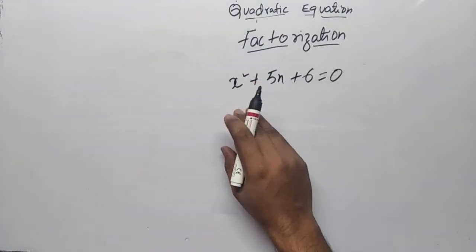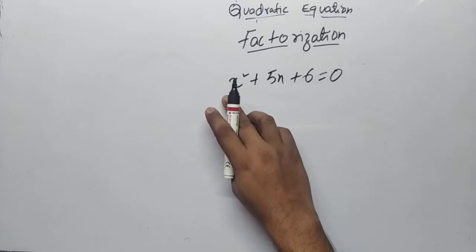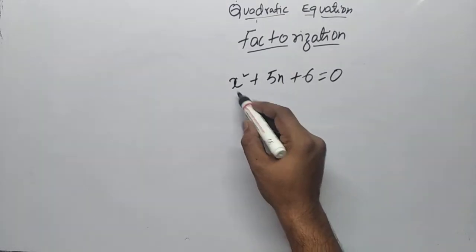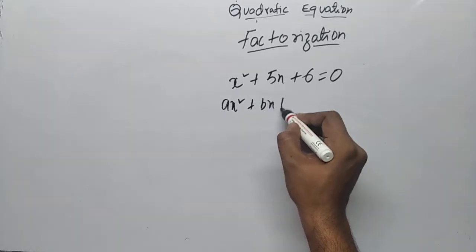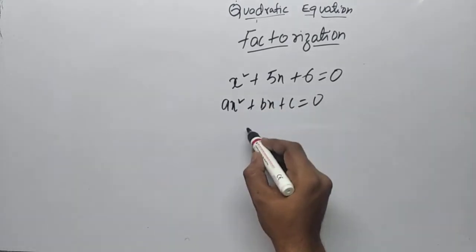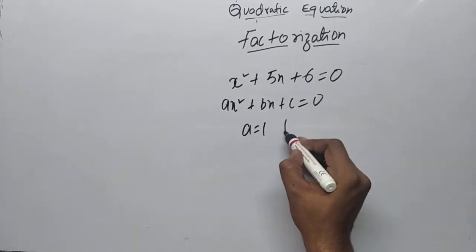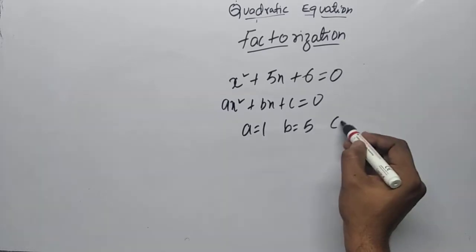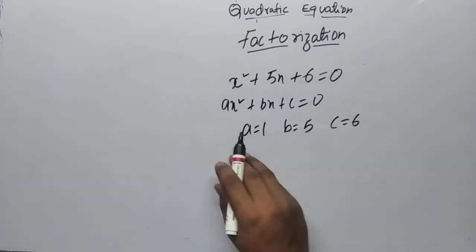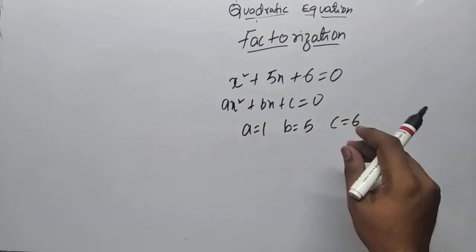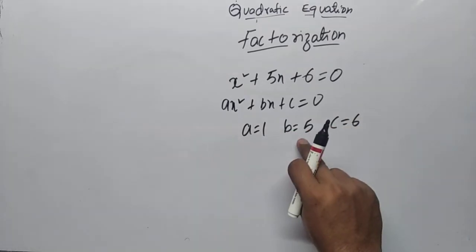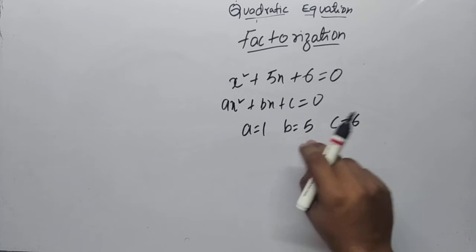The first step is to find the value of the coefficients. If you compare this quadratic equation with ax square plus bx plus c is equal to 0, here the a value is 1, the b value is 5, and the c value is 6. Now, you will be using a splitting method.